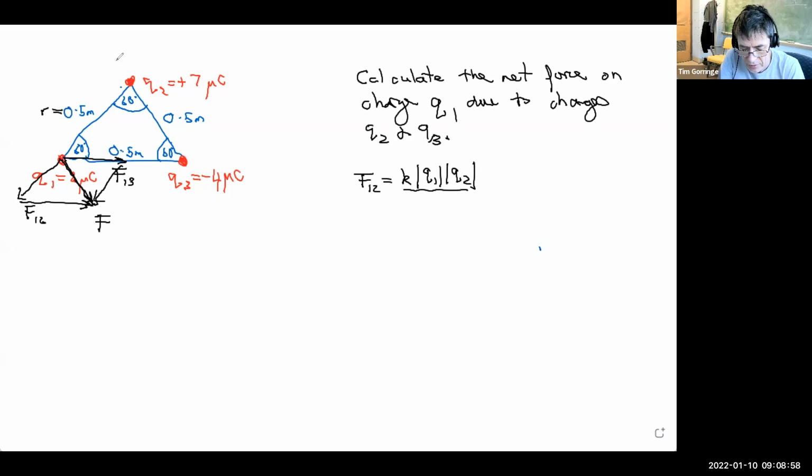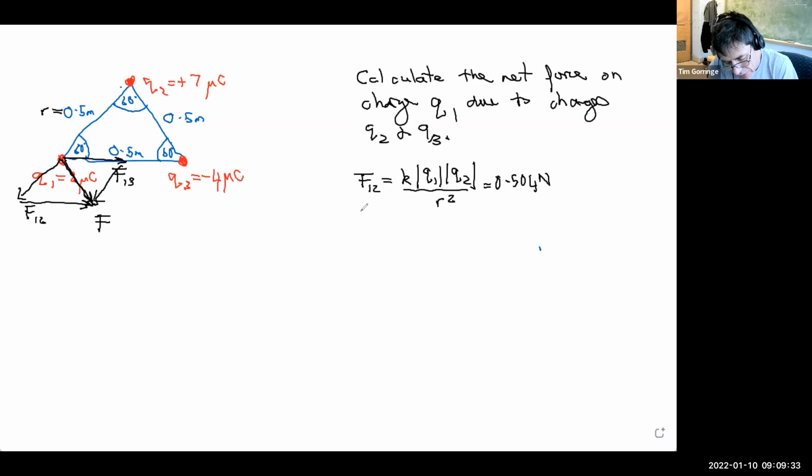It's also actually the distance between Q1 and Q3, because these charges lie on an equilateral triangle. And so we've got to divide by the square of the separation of those two charges. And if you fill in all the numbers, I already figured this out, I got a force that is 0.504 newtons.